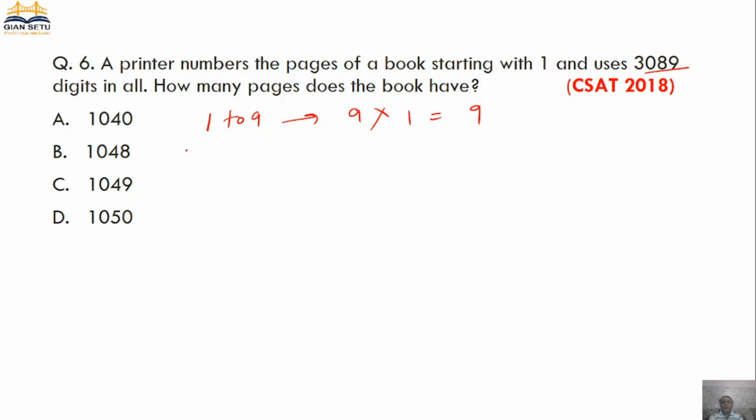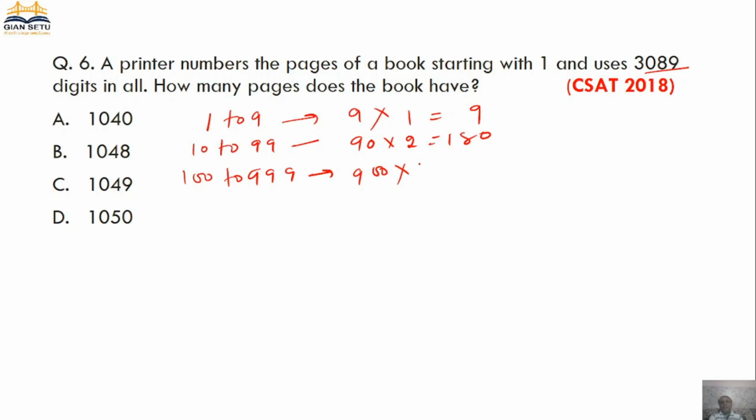So how many digits are we using? 9. Now for printing 10 to 99, we have 90 numbers, and each number consists of 2 digits. So how many digits do we use? 180. Now for printing 100 to 999, how many numbers do we have? 900.